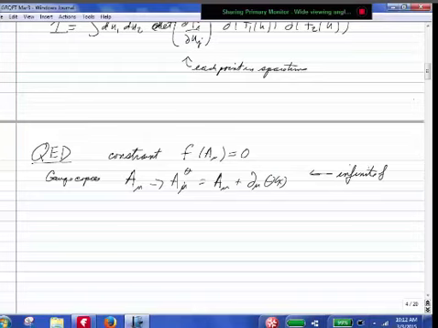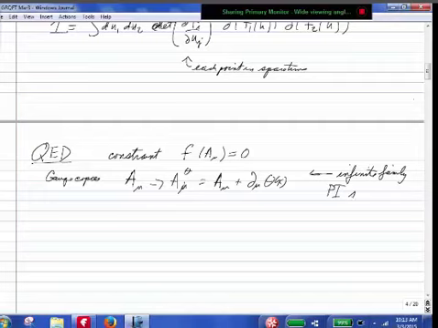We have A mu goes to A mu plus d mu theta of x. I'll put a theta on it just because that's our notation. So there's the gauge. That's the symmetry.